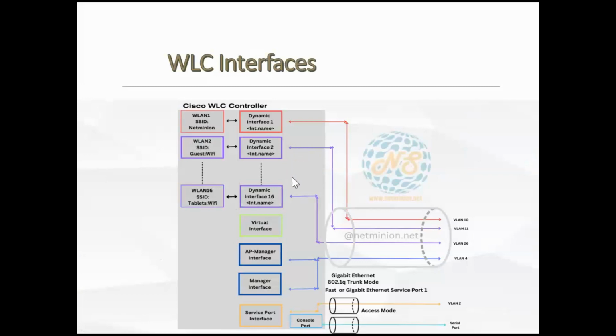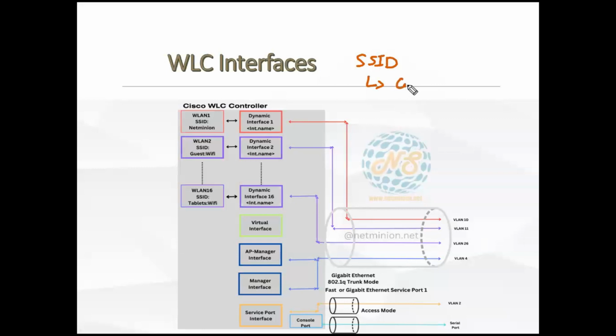So here you can see the logical interface, what is named as the interface, right? The logical interface can be there on almost all of the WLC controllers. To make your SSID work, let us say I am giving one example.